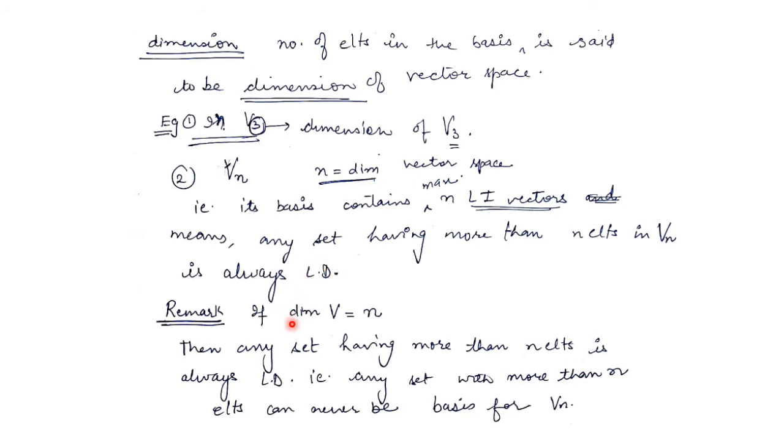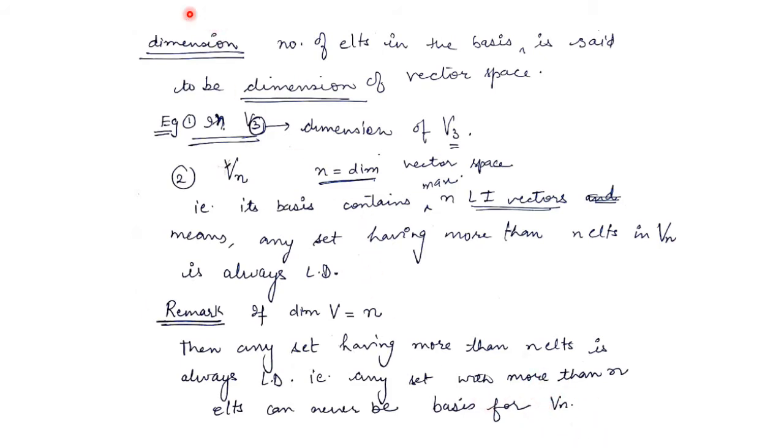So if the dimension of V is n, then any set having more than n elements is always LD, so it cannot be a basis for V. The basis of V always has n elements; that's why its dimension is n. Any set with more than n elements can never be a basis for Vn.